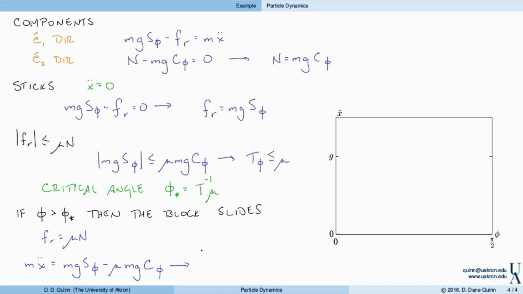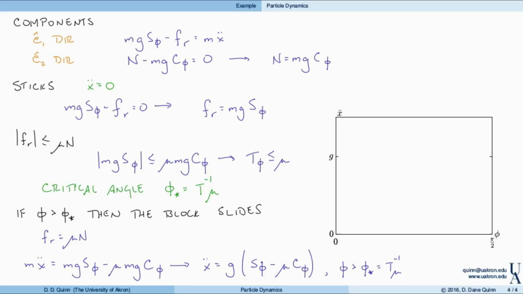So finally, we can solve for x double dot as g times sine of phi minus mu cosine of phi, provided of course that phi is greater than phi star, which we found to be the inverse tangent of mu.